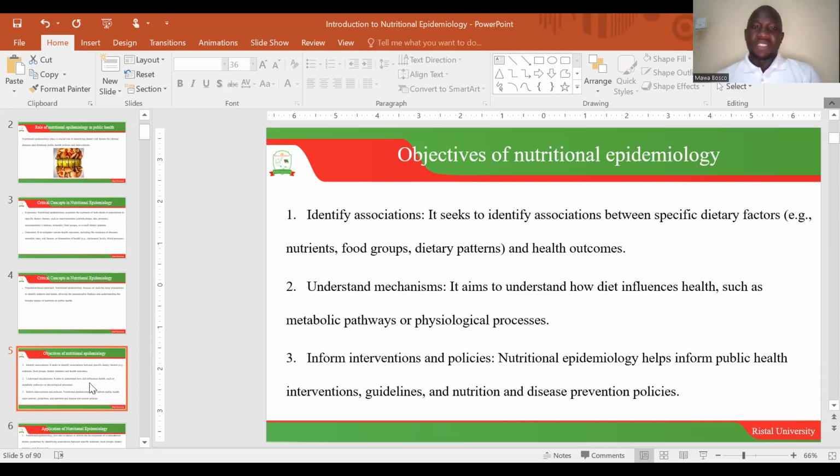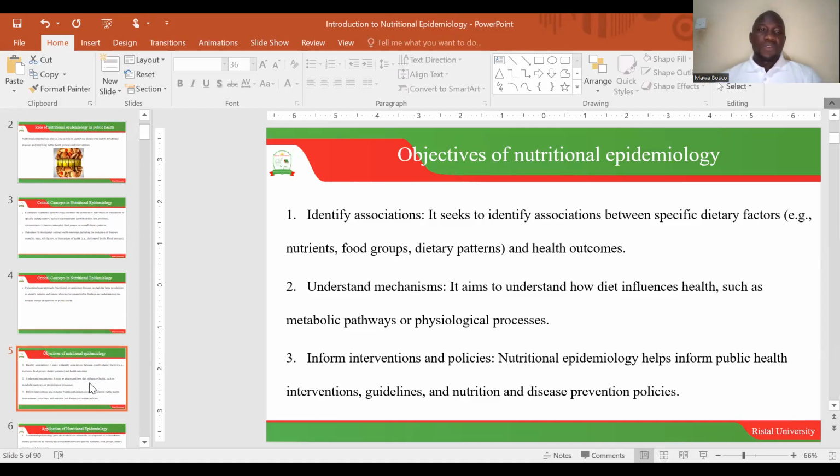They are interested in understanding the mechanisms through which these foods result into different health outcomes. Remember, health outcomes are either acquiring a certain disease, it can be hypertension or diabetes, or increasing a certain risk factor, let us say cholesterol. Those are all health outcomes.